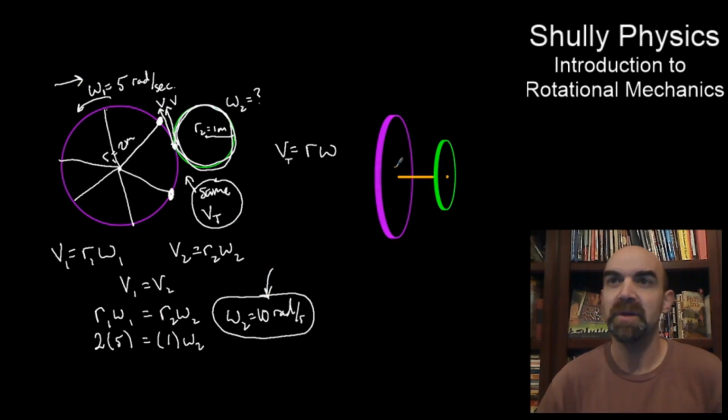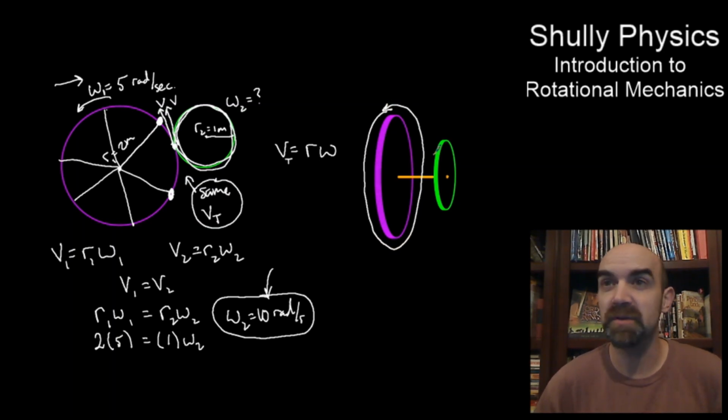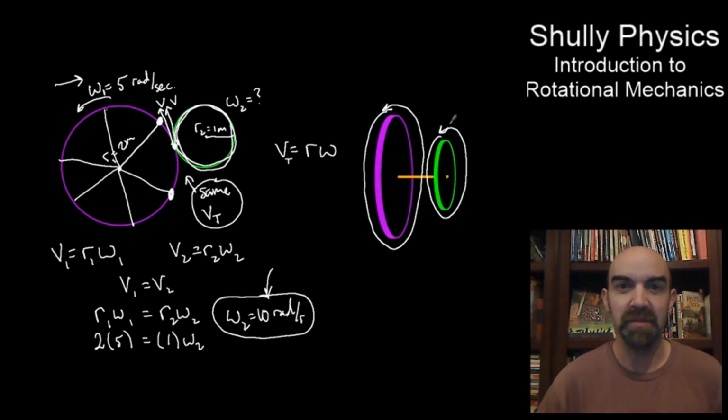All right. So what's common here? Every time the purple edge goes around 1 time, how many times does the green edge go around? Exactly 1 time. They have a common axis. They're spinning at the same angular velocity. Here we have the same omega, the same angular velocity.